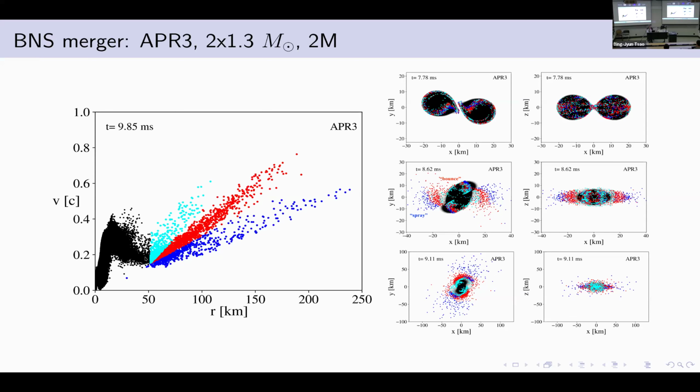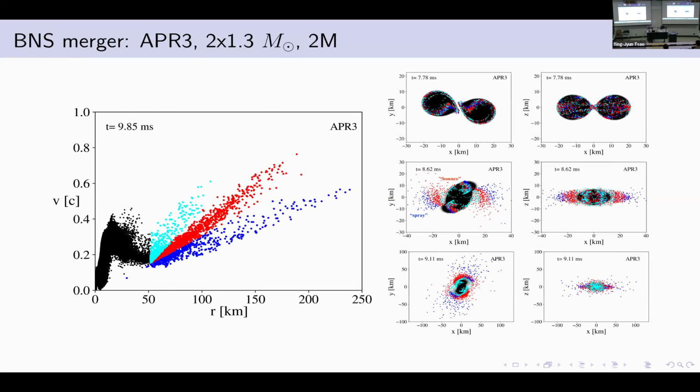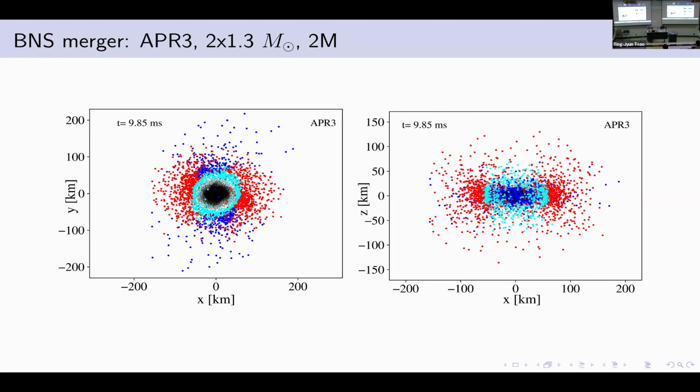In this case, the core bounces again, and so you get a third peak here. If you look here, when you go to later and later times, the red particles that are moving the fastest start to overtake some of the blue particles from here.